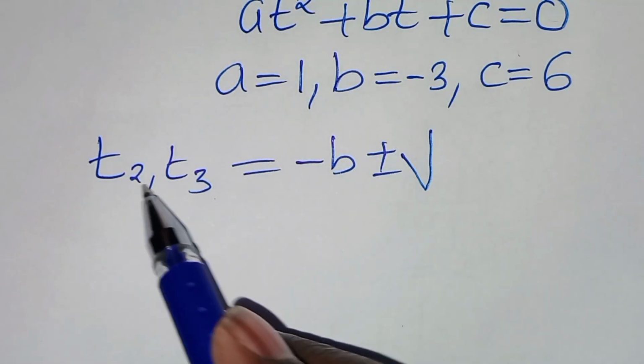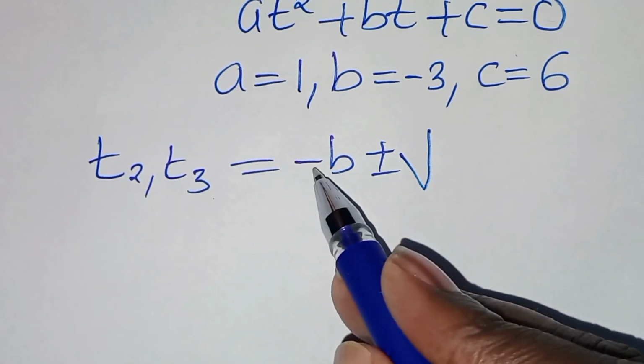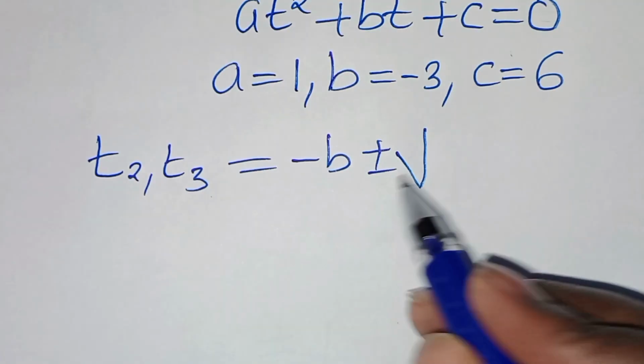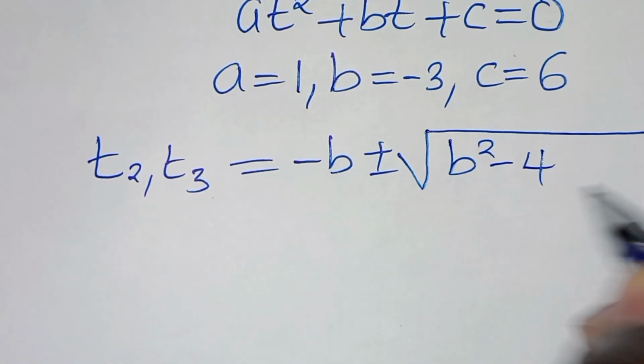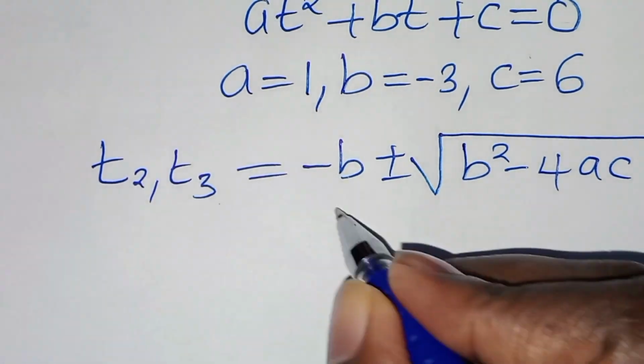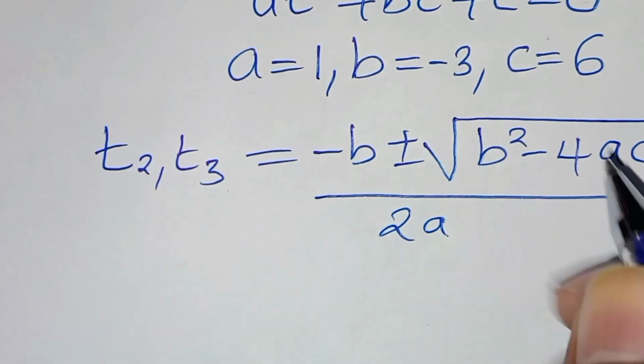the square root of b squared minus 4ac, all this divided by 2 times a.